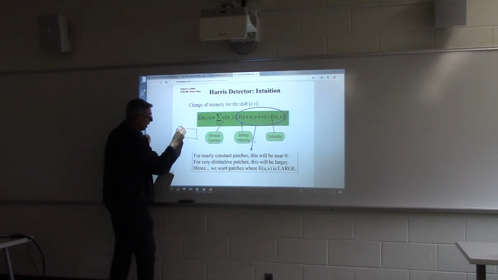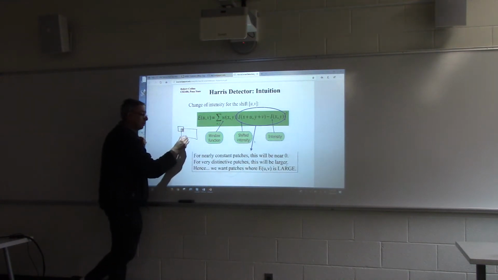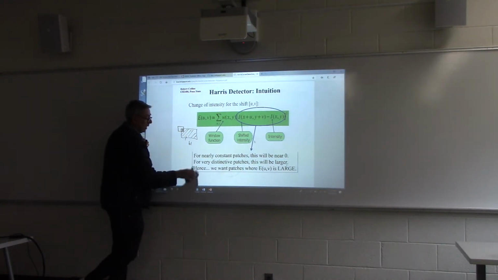Let's say we have the window over here. So let's pretend all of this is like a black surface, and then over here is all white background.